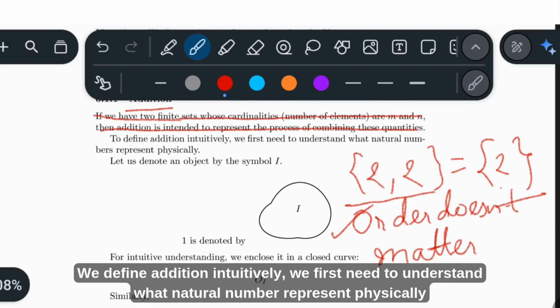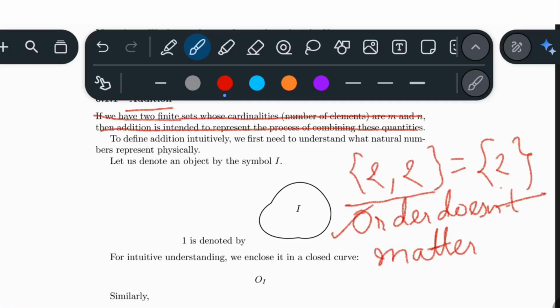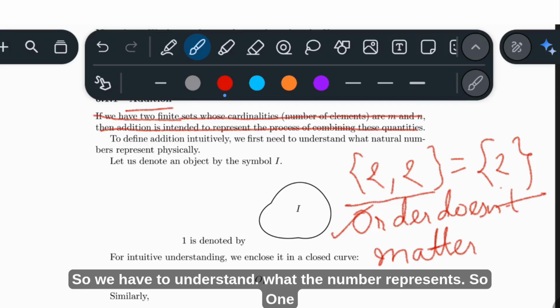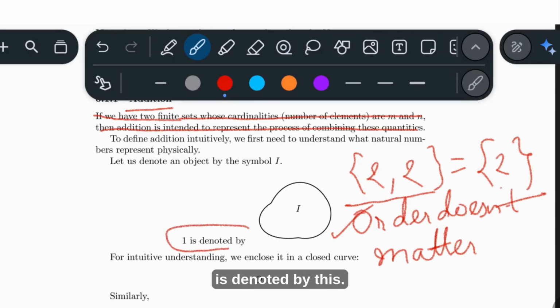To define addition intuitively, we need to understand what a natural number represents. So 1 is denoted by this.